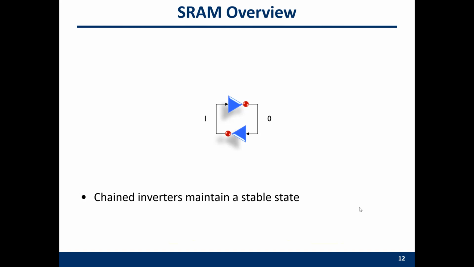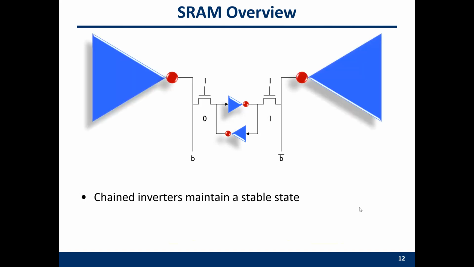And if you have a one, that is also a stable state. No matter whether you have a 1 or 0, in the chain of these two inverters, this is the core of the cell.